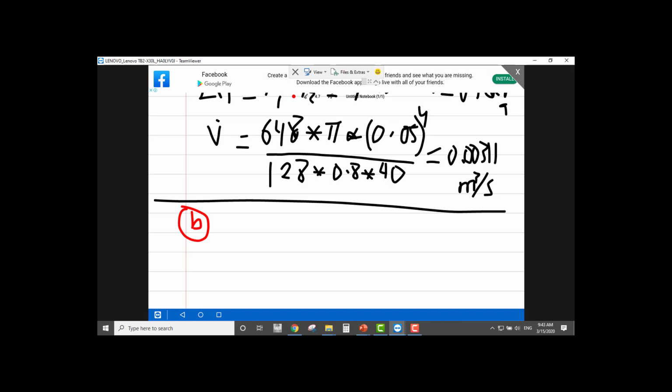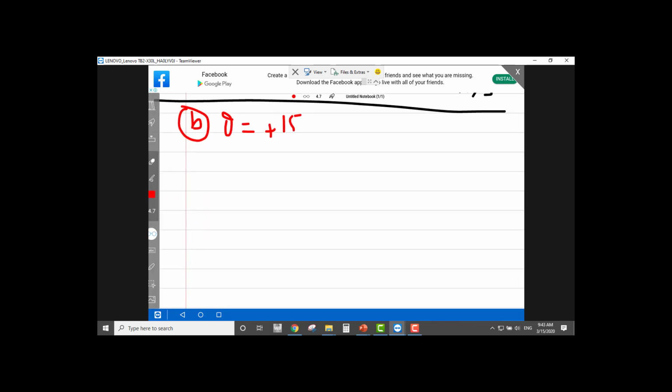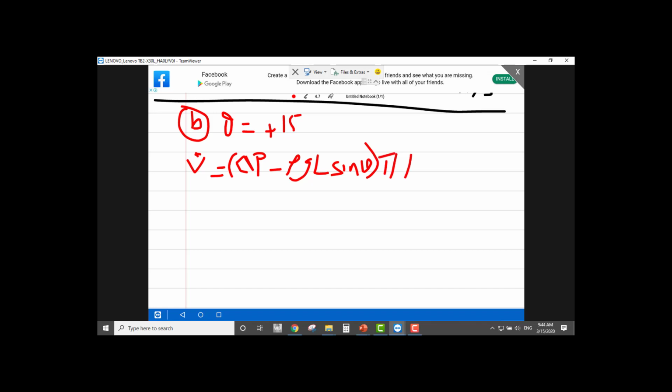So the equation for this part, theta here equal to plus 15 upward. Then V dot equals delta P minus rho g L sine theta, between brackets, multiplied by pi d to the power 4 divided by 128 mu L.